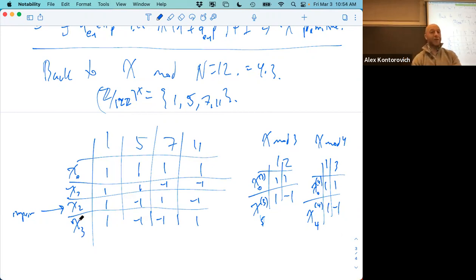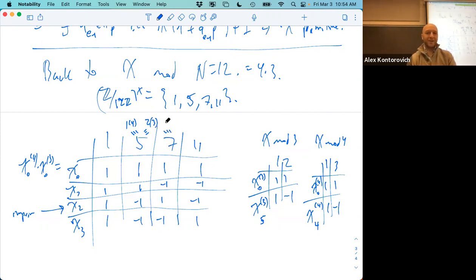Now, how can I tell? Whatever these characters are, these are characters mod 12. They have to be products of characters mod 3 and characters mod 4. So this chi0 is obviously the trivial character mod 4 times the trivial character mod 3. There's nothing else it could be. Notice that 5 is 1 mod 4, but 2 mod 3.